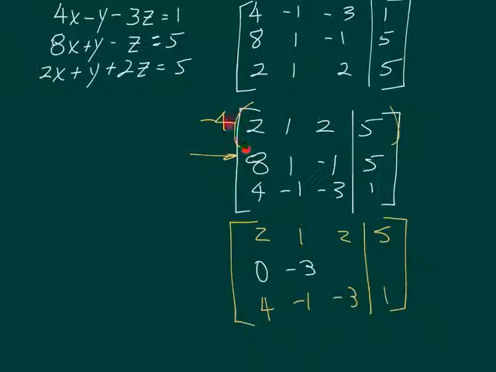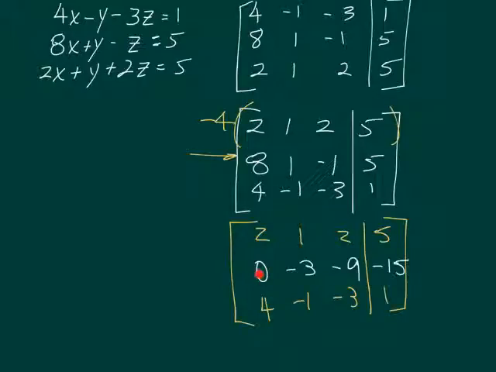And then I'm going to take negative 4 times 2 is negative 8 plus negative 1 is going to be negative 9. Then I'm going to take negative 4 times 5 is negative 20 plus 5 is going to be negative 15. Okay, so all that work just to get my 8 turned into a 0 here.